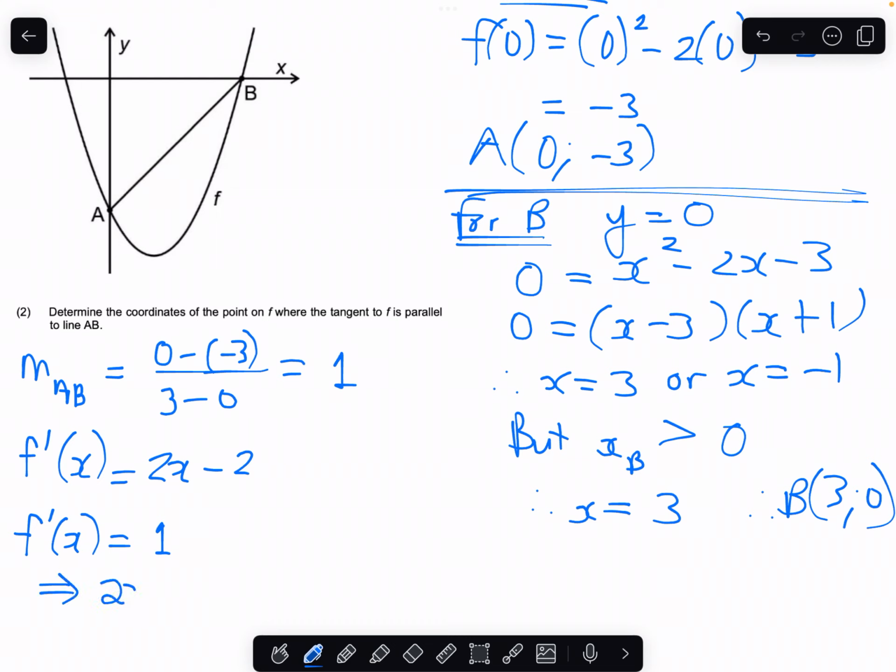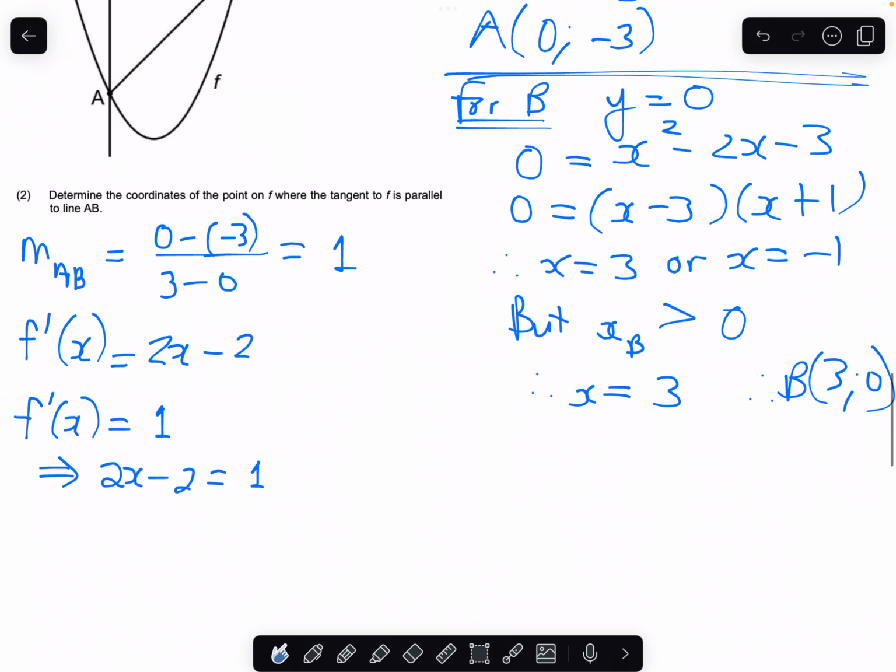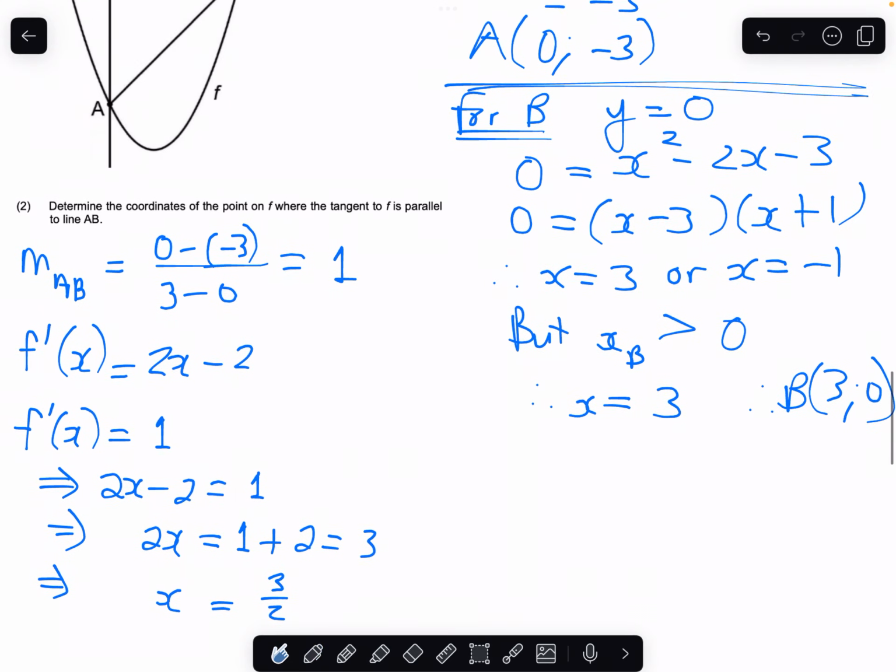So we want to see where this expression is equal to positive 1. Which means we are solving for 2x is equal to 1 plus 2, which is 3. And if we divide by 2, that will be x is equal to 3 over 2.